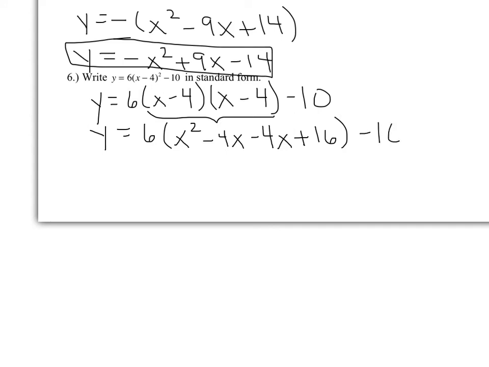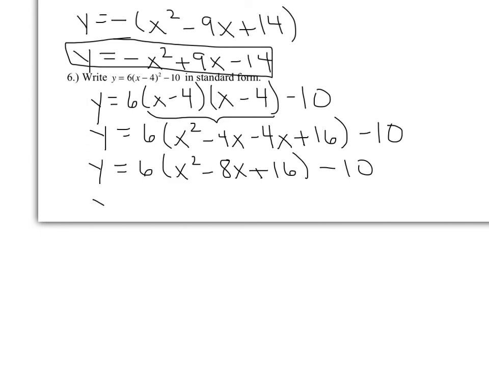And then don't forget to carry down the negative 10. Next up, order of operations says I need to do multiplication here. Actually, before I do that, I'm going to go ahead and combine those like terms in the center. So negative 4x and negative 4x is negative 8x. And then minus 10.